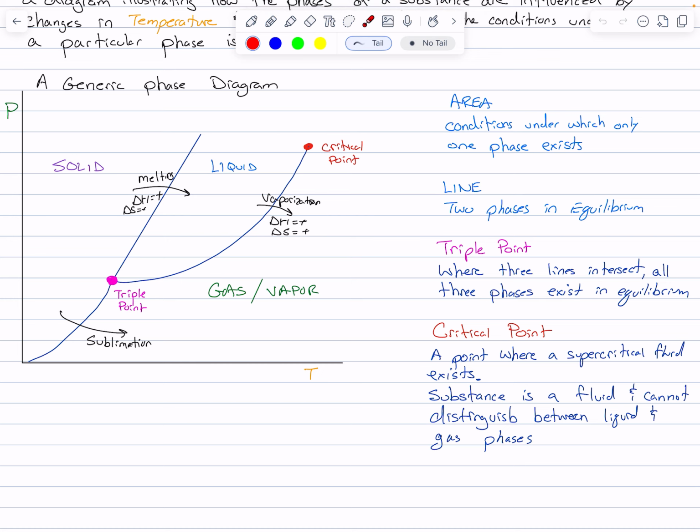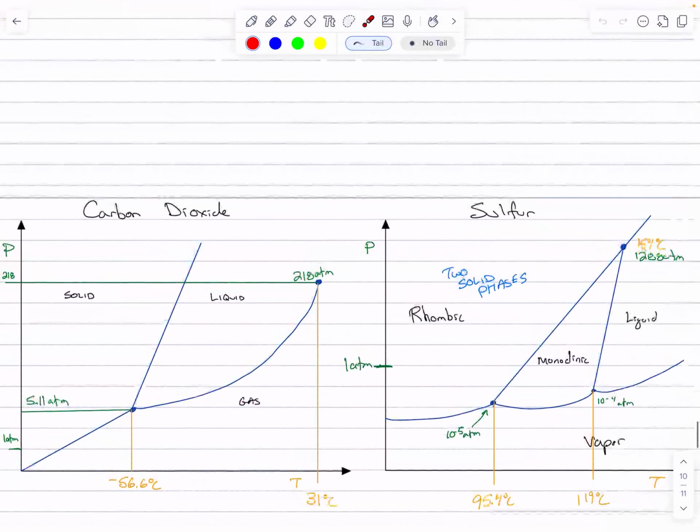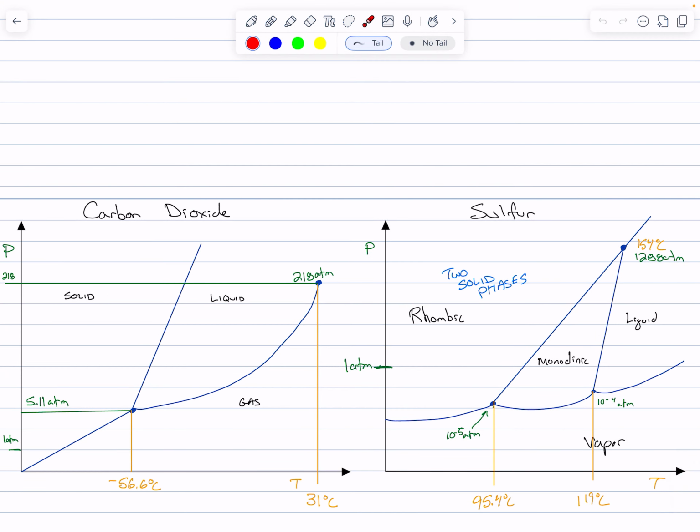So that's a generic one. Well, let's look at some representations of two here: carbon dioxide and sulfur. Let's look at carbon dioxide. Carbon dioxide has a triple point here, 5.11 atmospheres and negative 56 degrees Celsius, and a critical point of 218 atmospheres and 31 degrees Celsius.